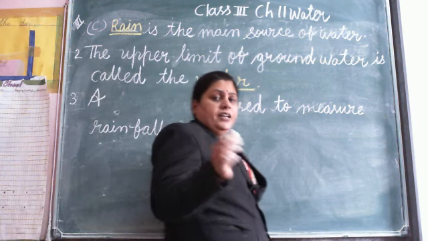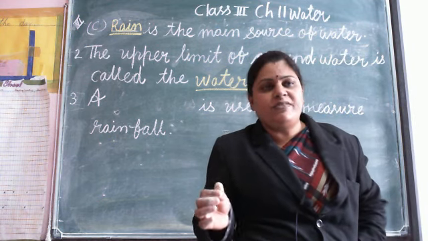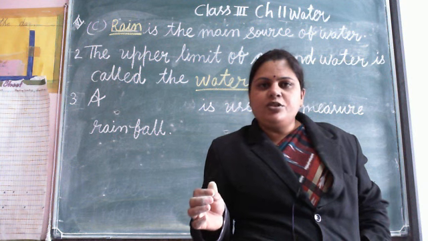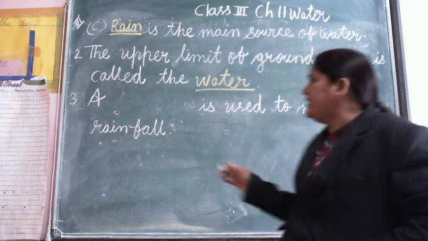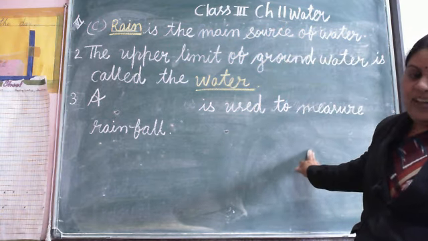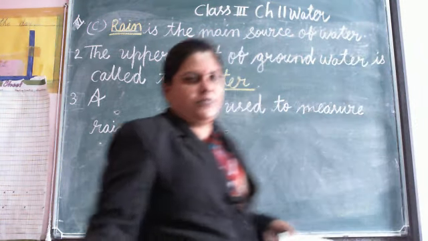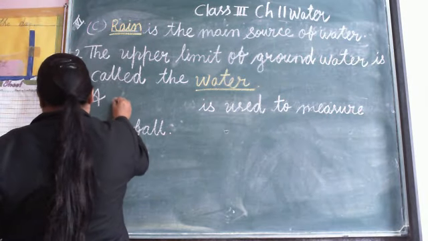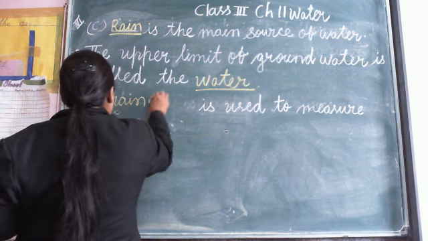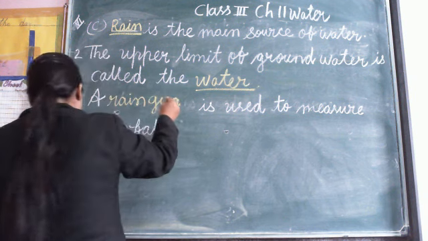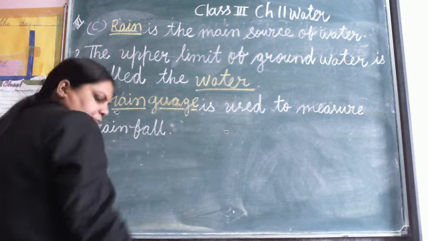If we want to measure the temperature of our body, we will use usually thermometer, है ना? As like that, if we want to measure the rainfall, बारिश के पानी को मेजर करना हो, then what we will use? We will use rain gauge. That is a kind of equipment. Rain gauge. This is the name of that equipment.